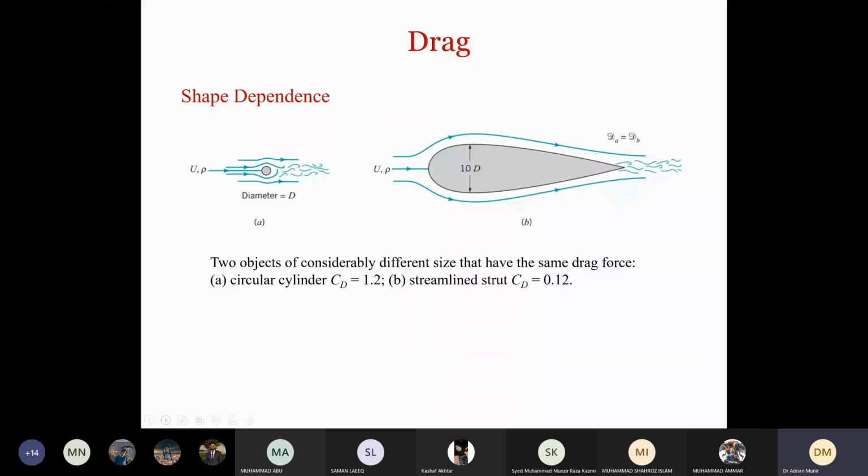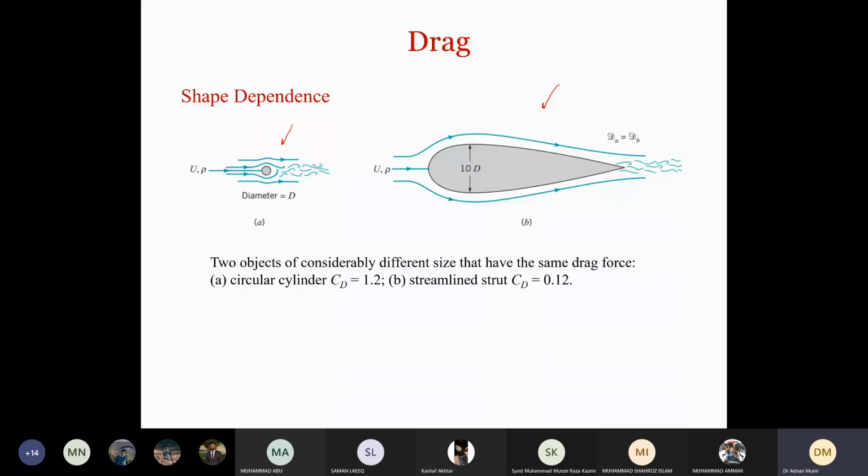Now shape dependence, another thing is that in this case you can see there are two cases shown over here. One is flow past a circular cylinder. The incoming flow is U, the incoming flow density is rho, the diameter of the cylinder is D. And then we have another case where we have a streamlined aerofoil.